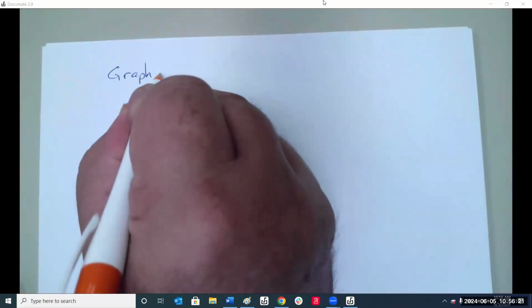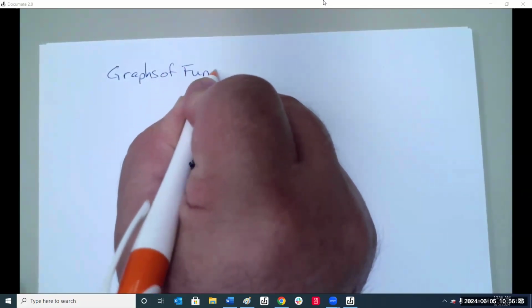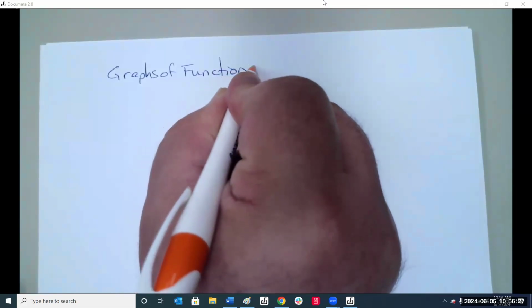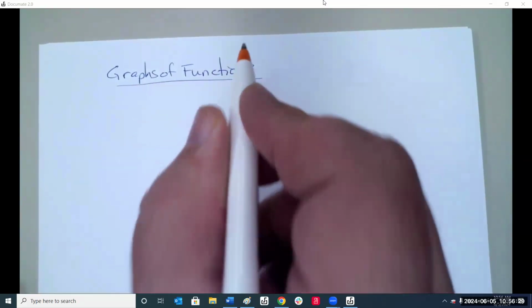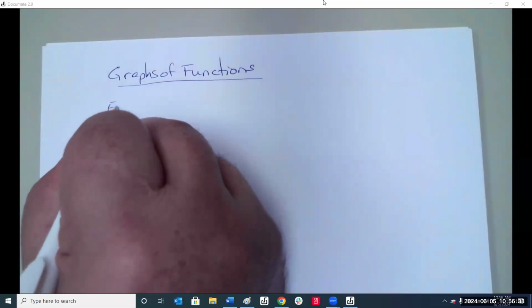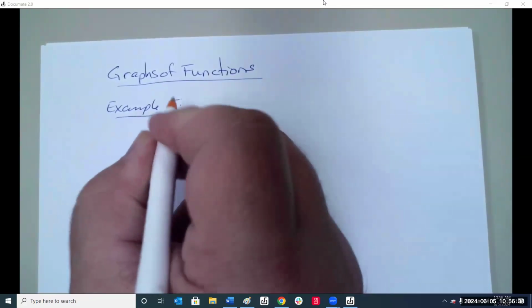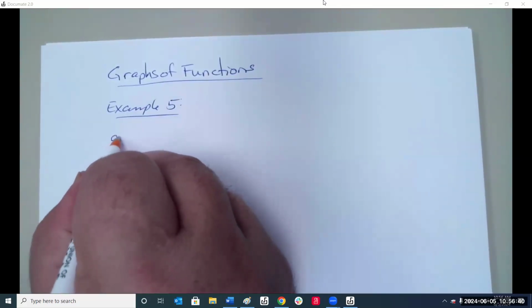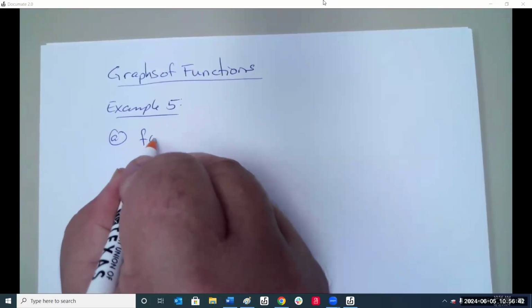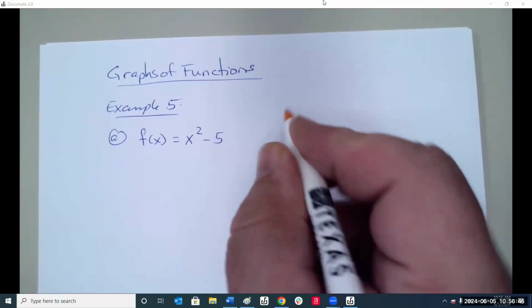The next section is graphs of functions. Graph the following. F of x equals x squared minus 5.